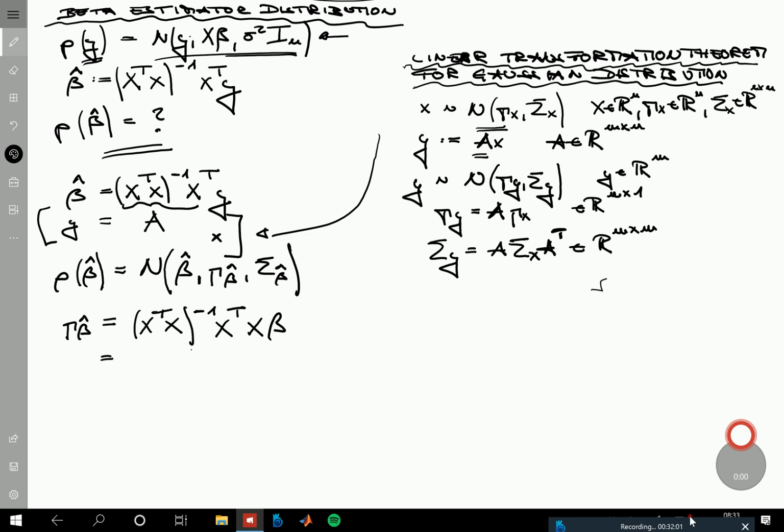So what does X^T X to the power of minus 1, the inverse of X^T X, times X^T X give? Yeah, that would be the identity. We can briefly think about what identity that would be. X is n times p, so the transpose is p times n, times n times p.